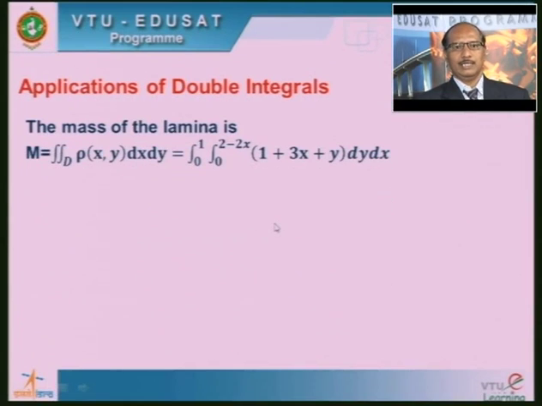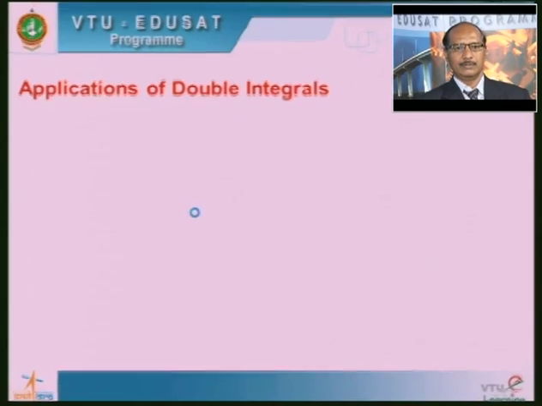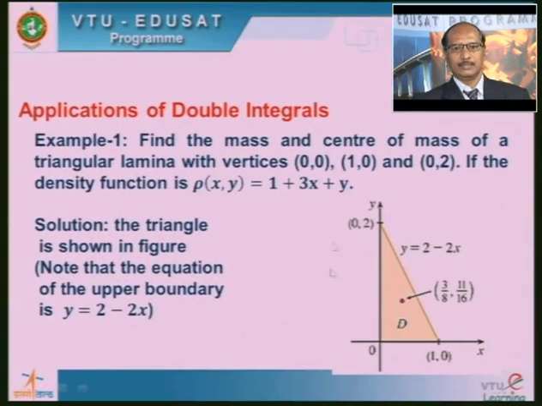Now, for the mass of the lamina, we have the formula: mass m is equal to the double integral of f(x,y) or rho(x,y) dx dy. We know the limits of that triangular region. The x limits are constants, x equal to 0 to the maximum x equal to 1 here. And the y limits we have taken as functions of x.